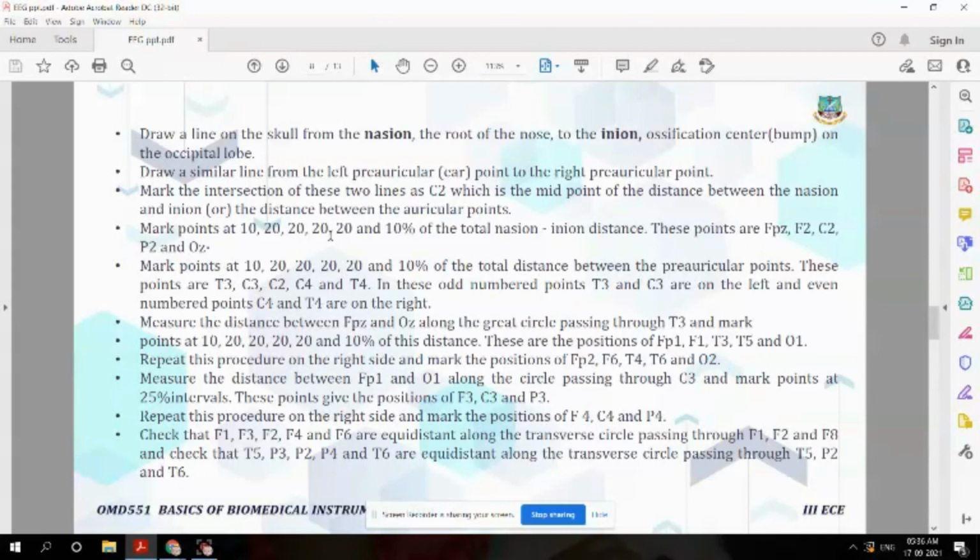From that distance, we draw another circle passing through C3. On the left side of the circle, we mark the points F3, C3, and P3. On the right side of the circle, we mark the positions F4, C4, and P4. So this is the procedure to fix the electrodes. This is called the 10-20 electrode system.